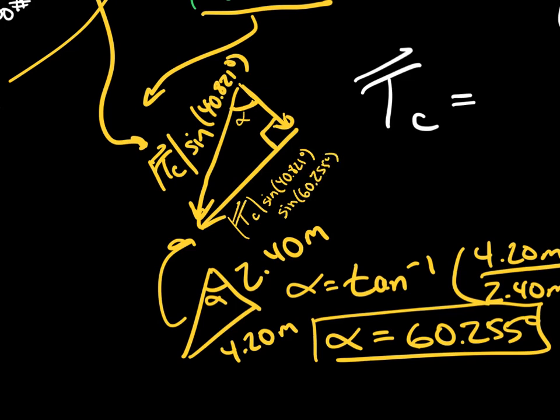This looks really ugly, but remember, you have a calculator. This is not going to hurt you to just plug this into a calculator. Sine of 40.821 degrees, times the cosine of that angle, 60.255 degrees.